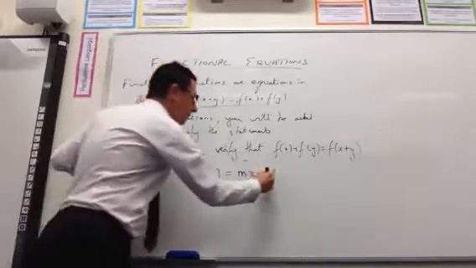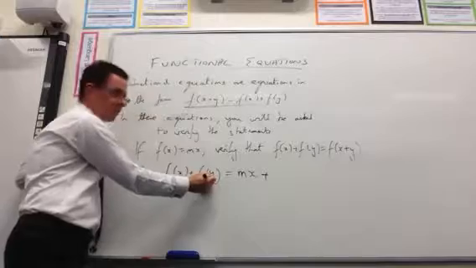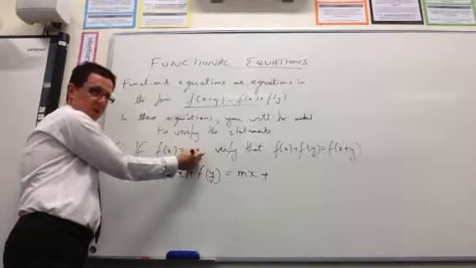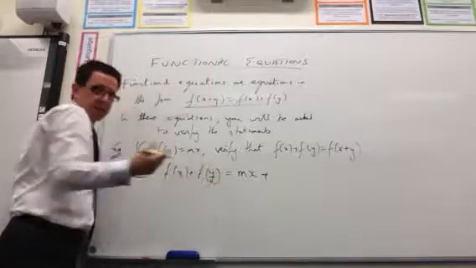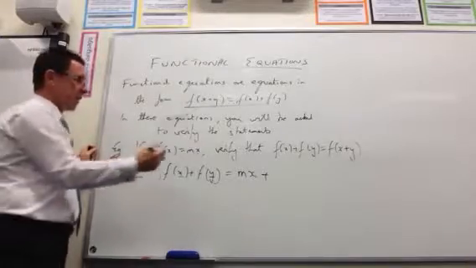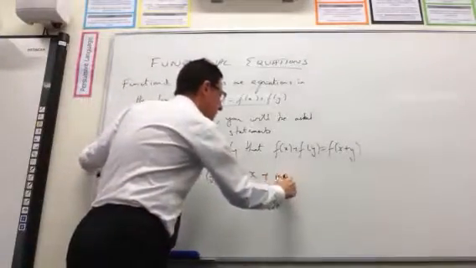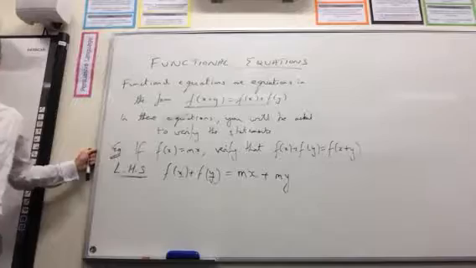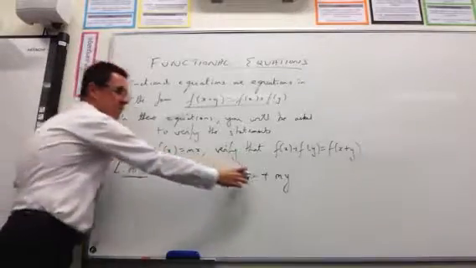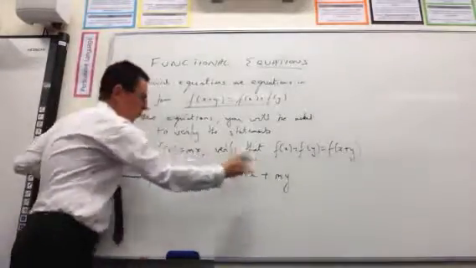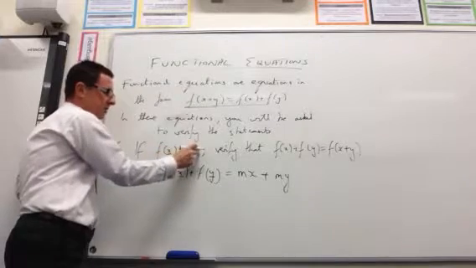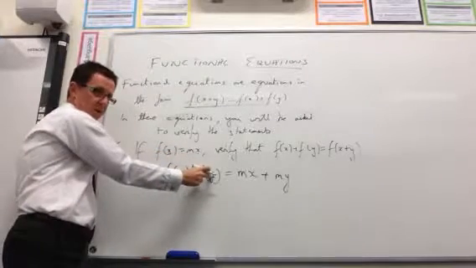And f(y) means take y and put it in this equation where the x is. Whatever's inside the bracket is the thing that you are substituting. So f(y) is actually equal to my. f(x) is mx, f(y) is my. All I've done is replace the x with whatever's inside this bracket.